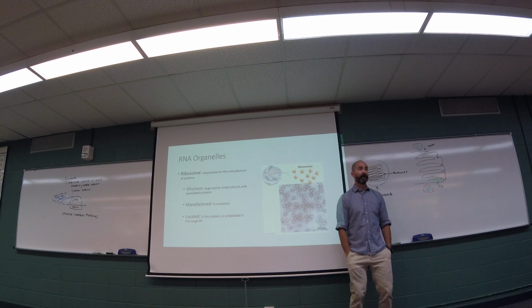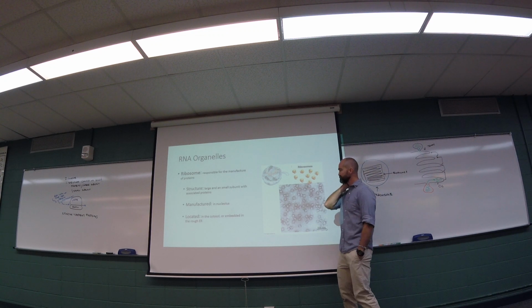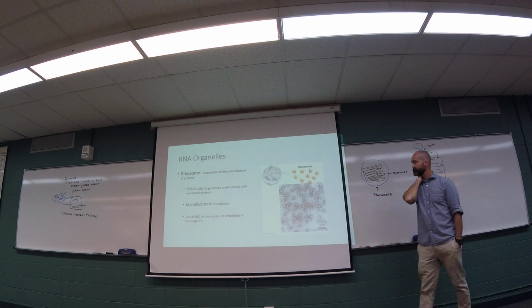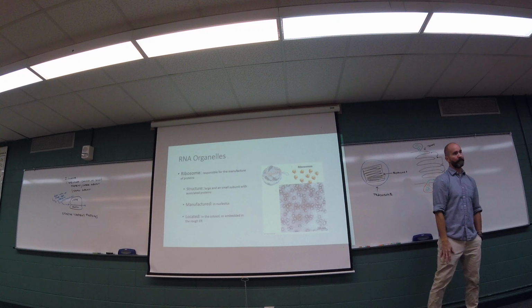If the ribosome is located in the cytosol, that protein is going to stay within the cell. If the ribosome is embedded in the endoplasmic reticulum, generally, that protein is going to be shipped outside the cell. Okay, does that make sense? Okay with that?